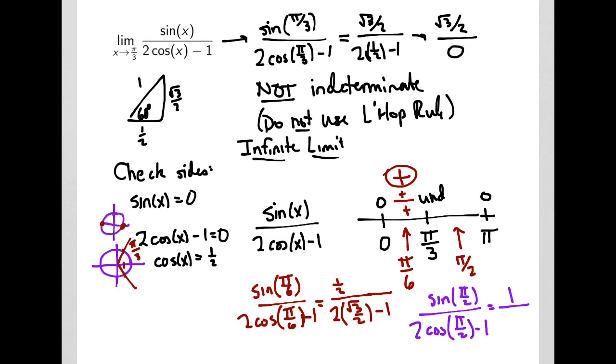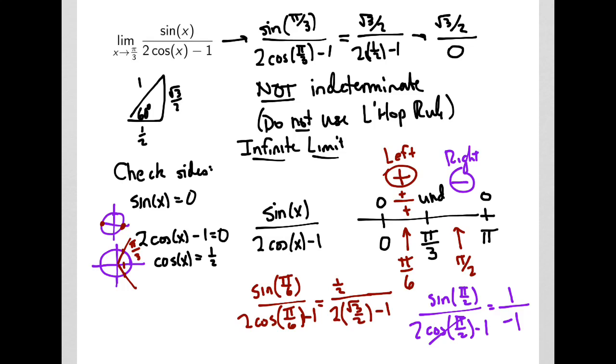The cosine of pi over 2 goes away, and so I get a negative value. Alright, so on the left, I'm positive. And on the right, I'm negative. And I can use that information to finish answering the question about the limit.